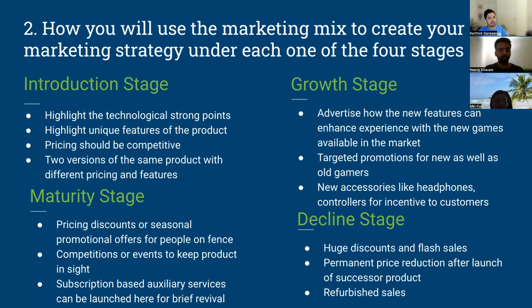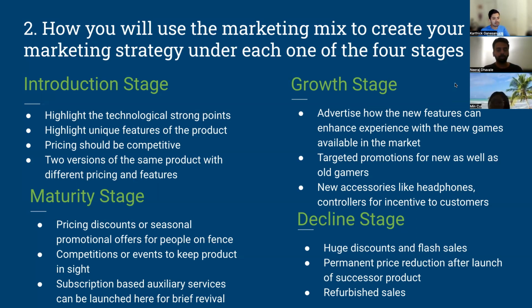So one is highlighting the technological strong points, highlighting the unique features of the product. Then if you have top of the line market leadership in terms of a gaming console, then you can put your price at a competitive level, even if it's a little bit higher than your competition, it's fine because you are backing it up with the best technology available in the market.